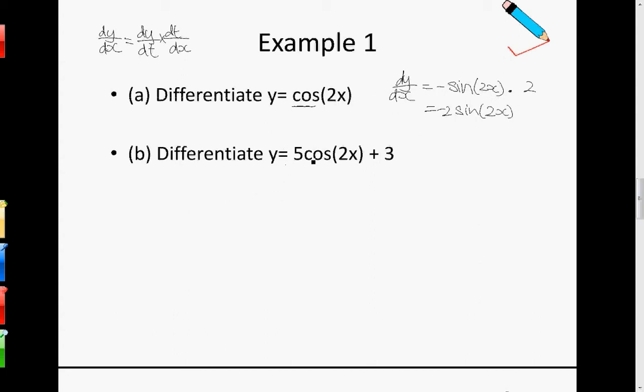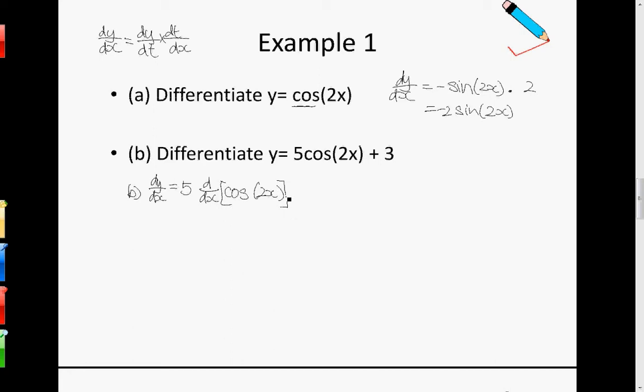Okay, so the second example is y is equals to 5 cosine 2x plus 3. So we differentiate this, b. We differentiate this, we will get 5. We will keep the 5 because you don't differentiate this multiple of a cosine. So you keep this, and then you just differentiate cosine 2x, and then differentiating the 3 will actually just give me 0.